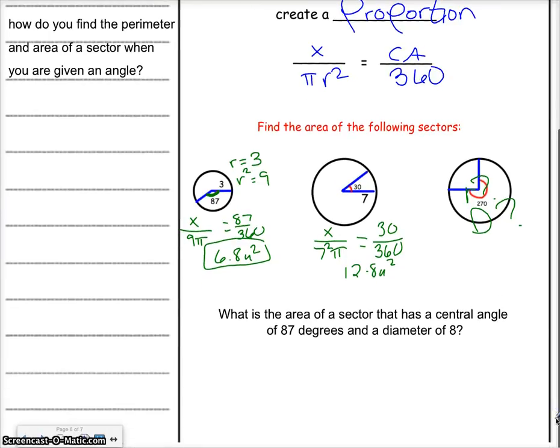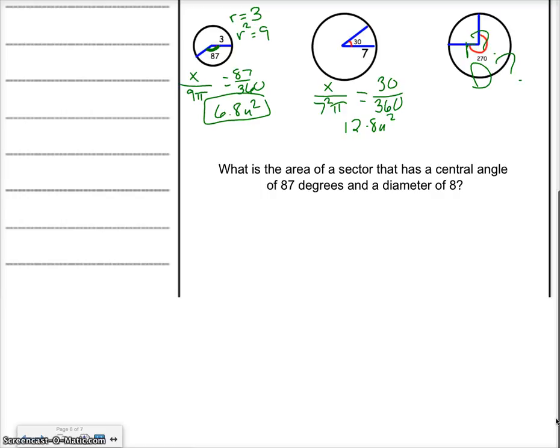And I'm not going to solve the next one. You can go ahead and solve it, but I'll just set it up. It's a word problem. Oh, good, and it has diameter in there, so I do care about this one. What is the area of a sector that has a central angle of 87 degrees and a diameter of 8? Well, I have to figure out what my radius is because my formula is pi r squared, not pi d squared.